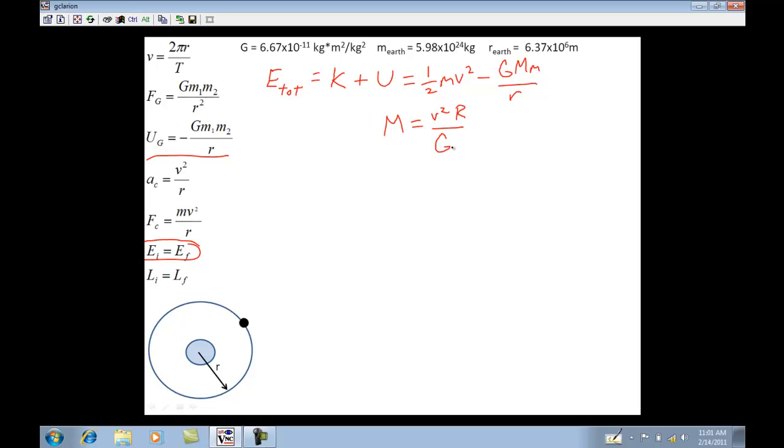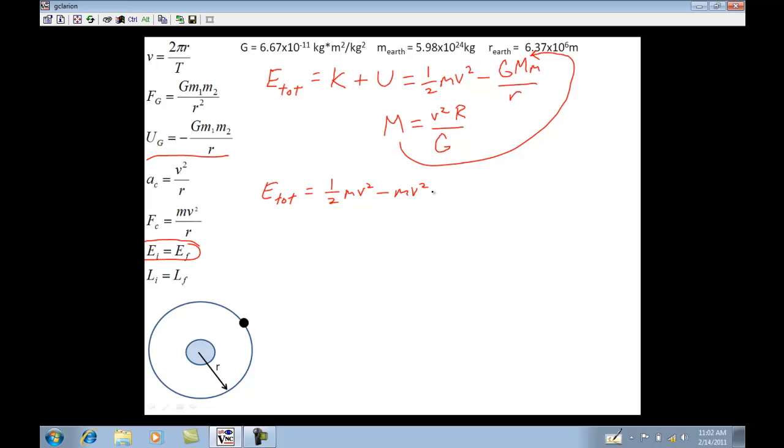If I substitute that M into there, what I get is this. The E total is equal to 1/2 mv squared minus mv squared, after canceling things out.